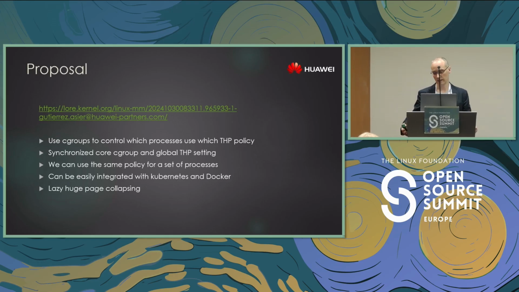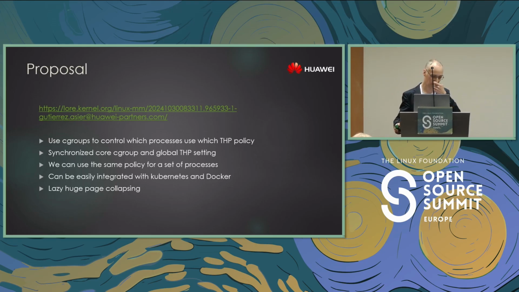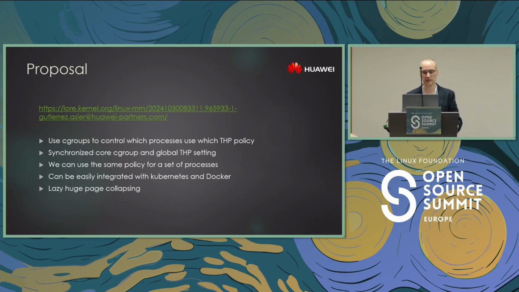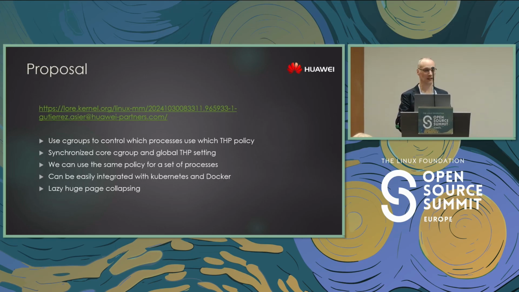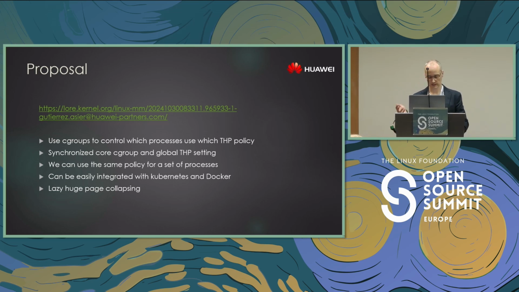There was quite interesting feedback from the community. Our proposal is very simple. We try to use THP inside C groups, to assign different THP policies to different C groups. It has the advantage that we can group a number of tasks under the same C group.